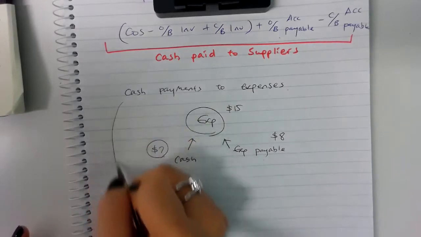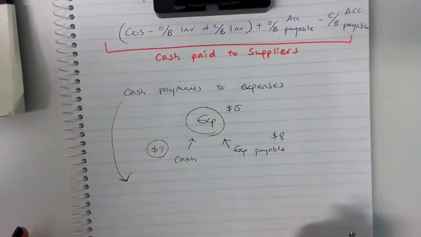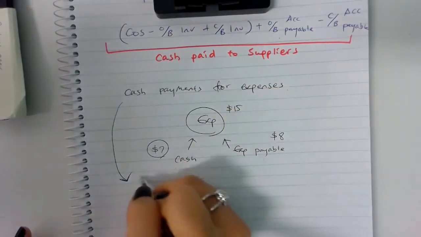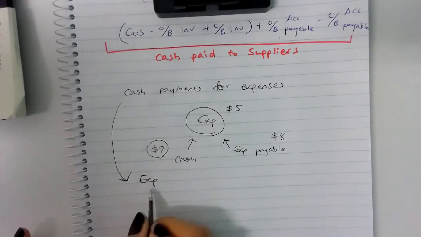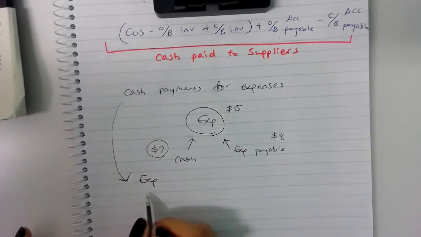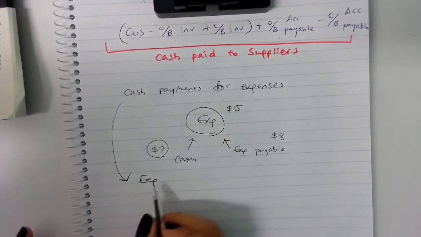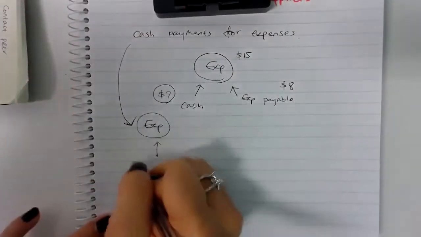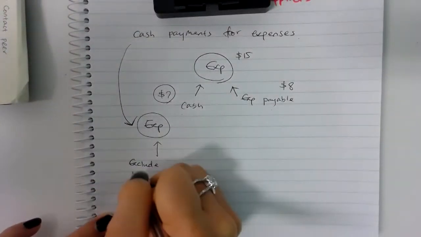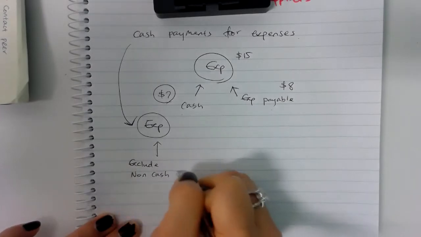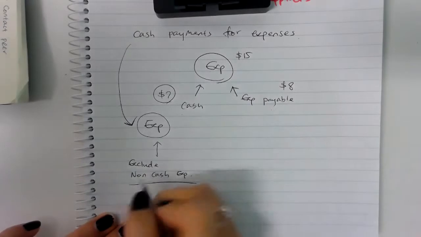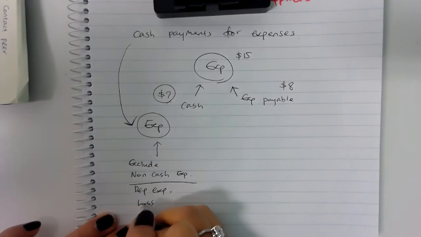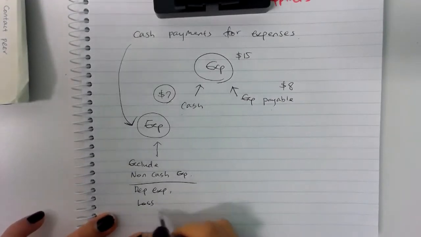So then, in order to work out cash payments to expenses or for other expenses, cash payment for expenses, I would say, then you get the expense from the income statement. This could be wages and salaries, or this could be other expenses, other operating expenses. However, when you get this amount from the income statement, you will exclude non-cash expenses, such as depreciation expense or loss from sale of non-current assets, things like that.